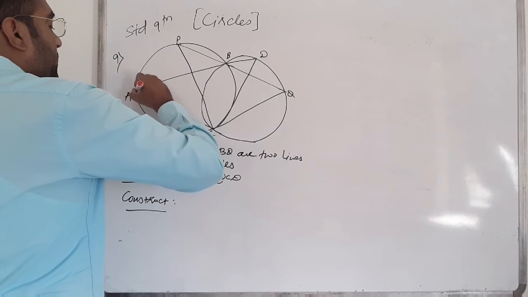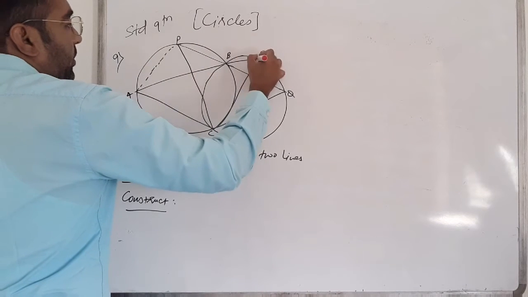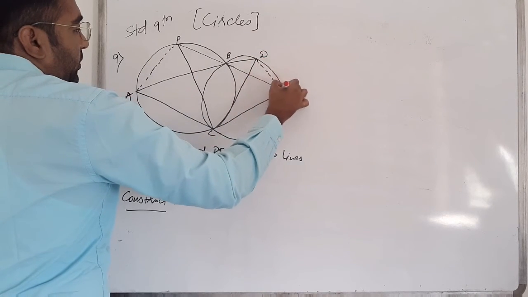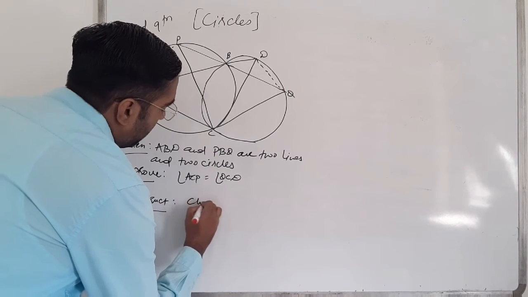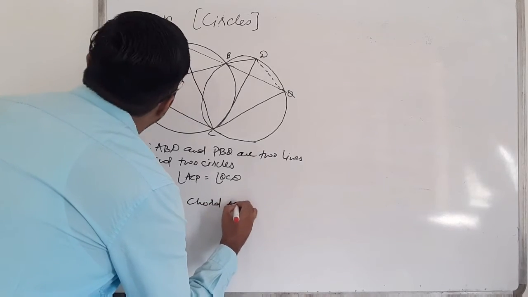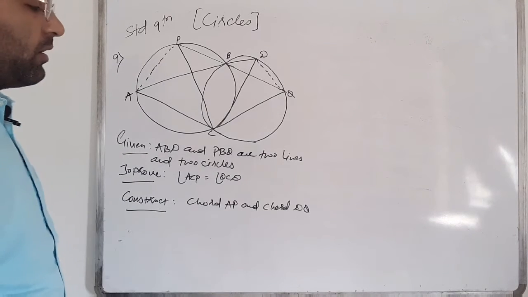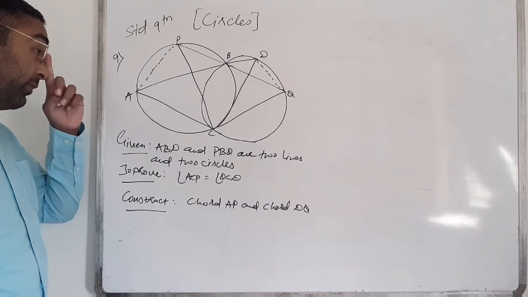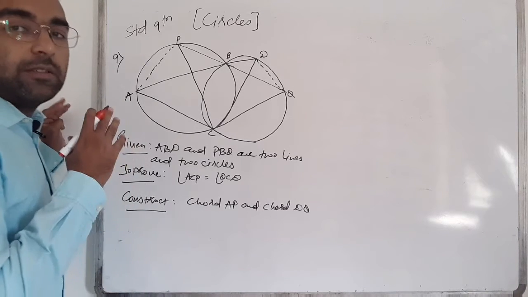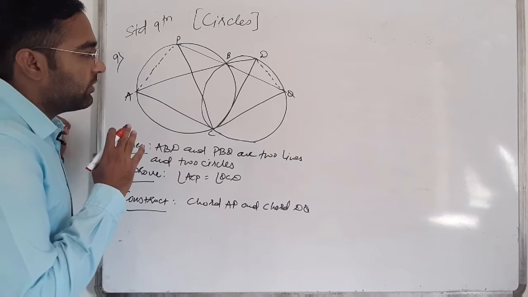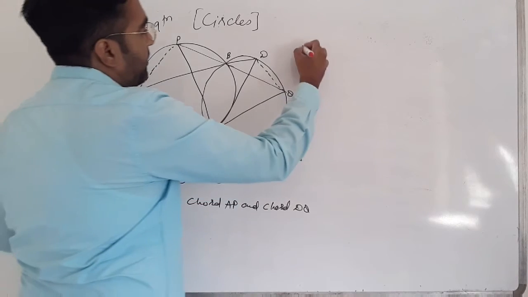So here I'll draw the common chord AP, and here I'll draw the chord DQ. Construct chord AP and chord DQ. Now in the same chord we have to check the two angles that are on the same chord. Okay, so let's start with the proof.